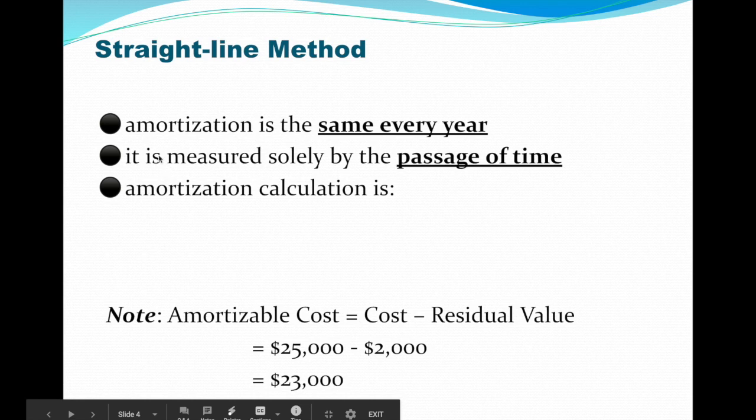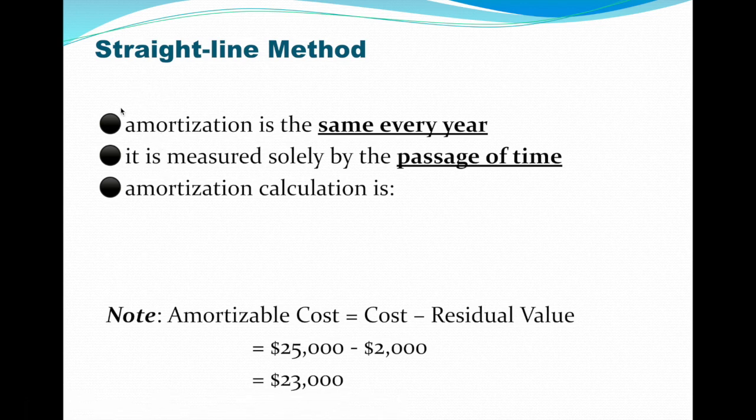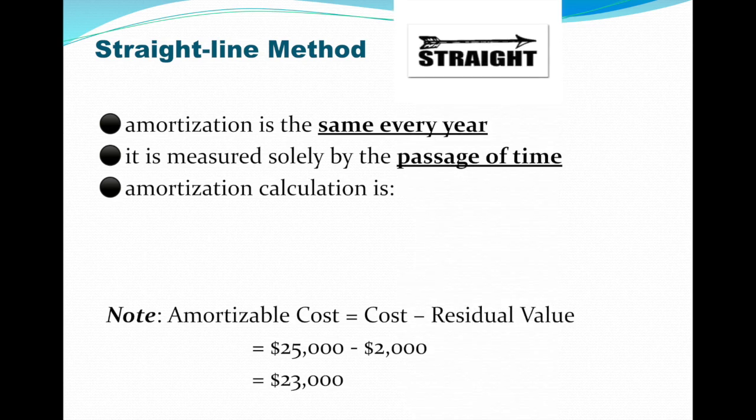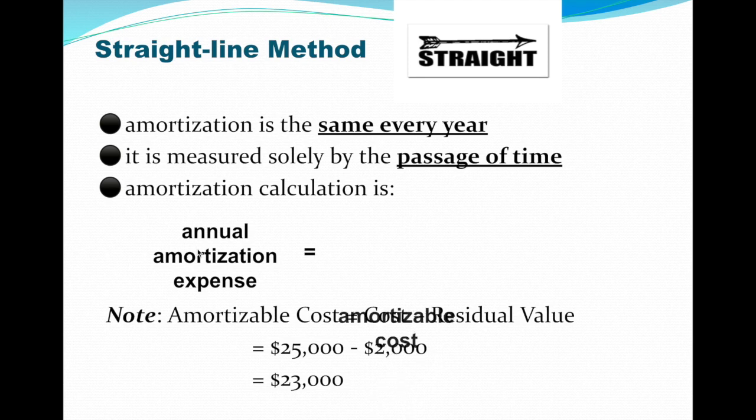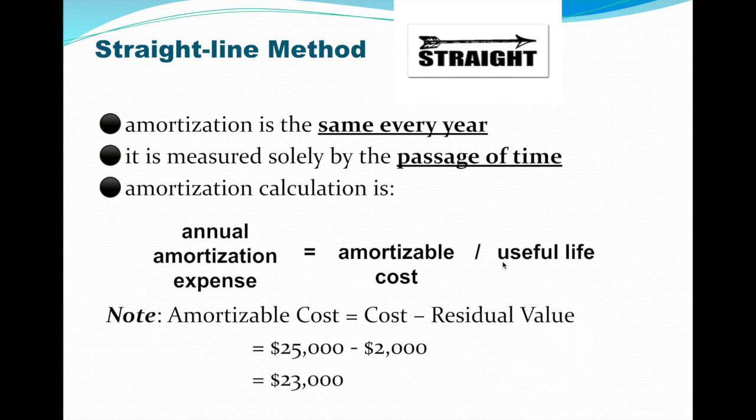So, straight line method. This is the most basic amortization method. The amortization cost is the same every year, and this measurement is made solely on the basis of time, and the actual calculation is quite straightforward. So the annual amortization expense is equal to the amortizable cost, which I'll explain in a second, divided by the useful life.